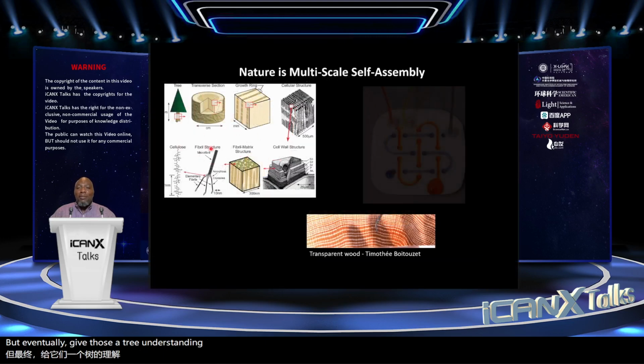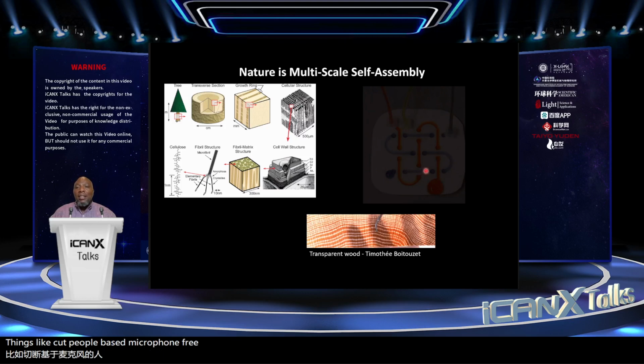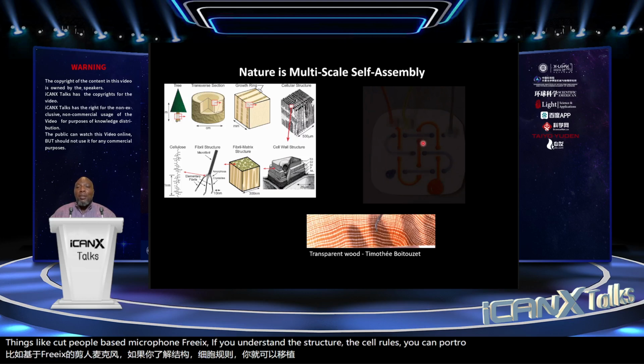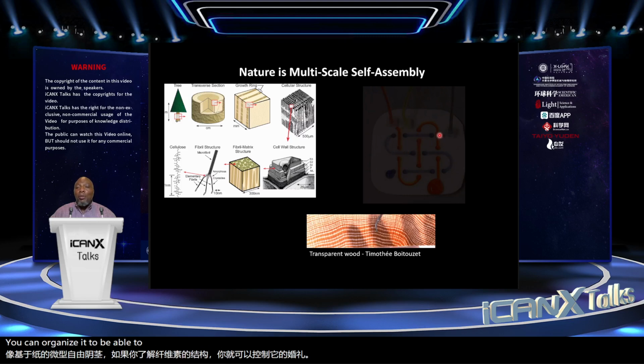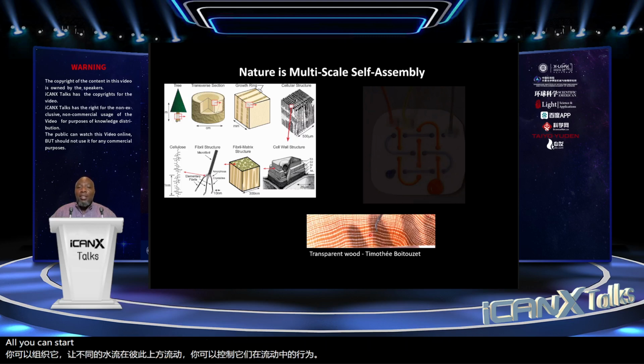Understanding this self-assembly allows us to explore technologies like what I was showing in this video, things like paper-based microfluidics. If you understand the structure of the cellulose, you can control its wetting. You can organize it to flow different streams of water above each other, and you can control their behavior while they're in flow. Or you can start making new architectures based on this organization.